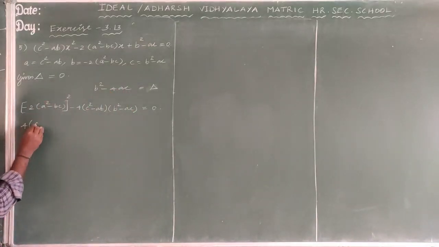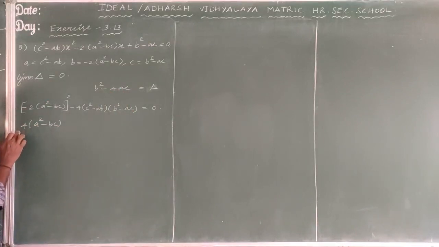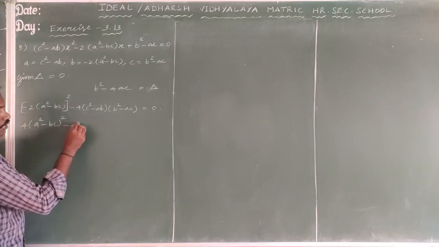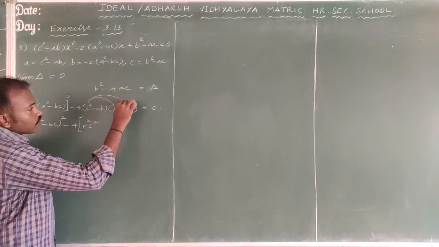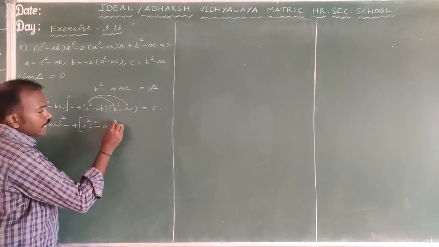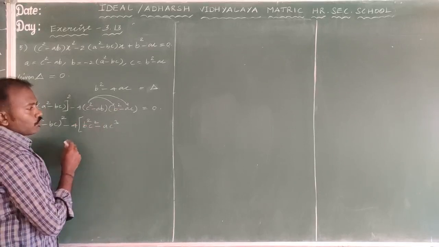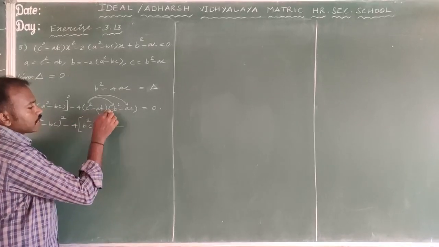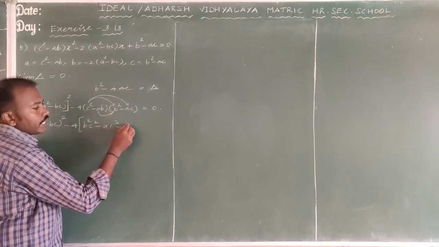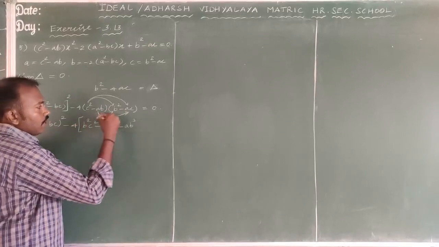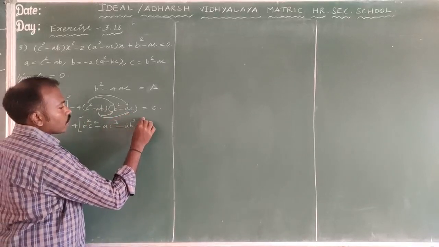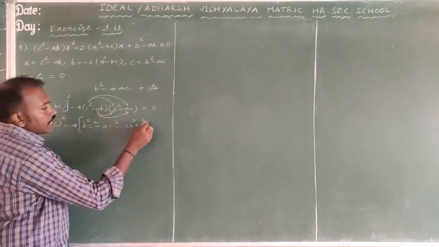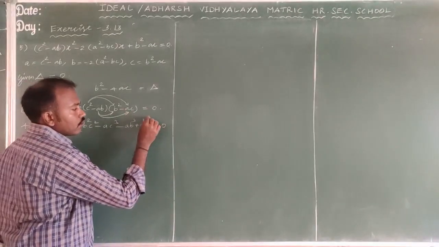Then 4 into (a square minus bc) the whole square, minus 4 into c square into b square, that is b square c square, then c square into minus ac, that is minus ac cube, then minus ab into b square, that is minus ab cube, and minus ab into minus ac, that is plus a square bc, is equal to 0.